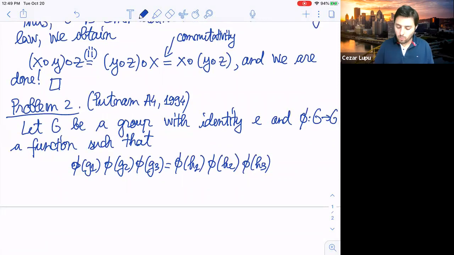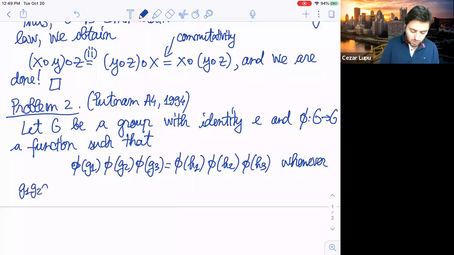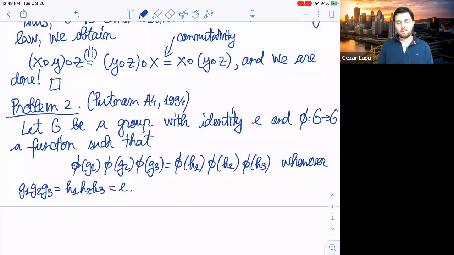Right? We have this property whenever G1, G2, G3 is the same as H1, H2, H3, and their product, whatever. So we say that this group is endowed with the dot operation, whatever, is the identity.